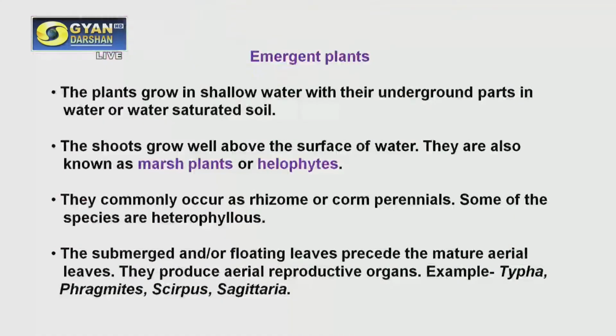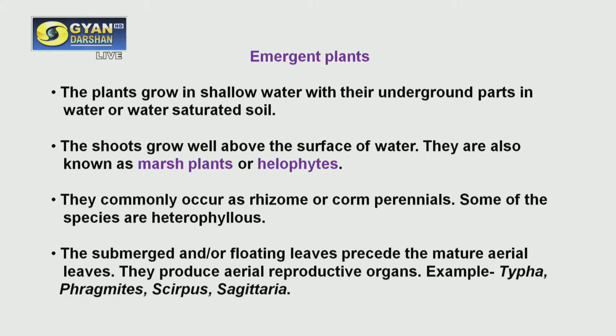So you can imagine these plants growing in marshy areas, and therefore they are also known as marsh plants or helophytes, because marshy areas contain soil which is saturated with water.